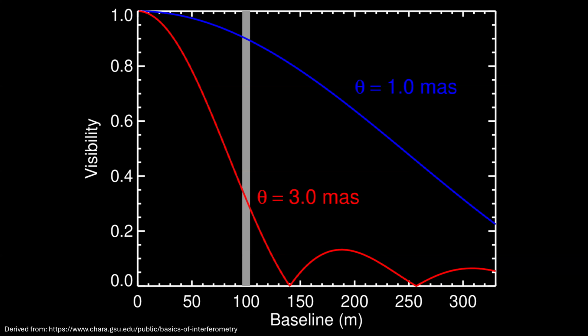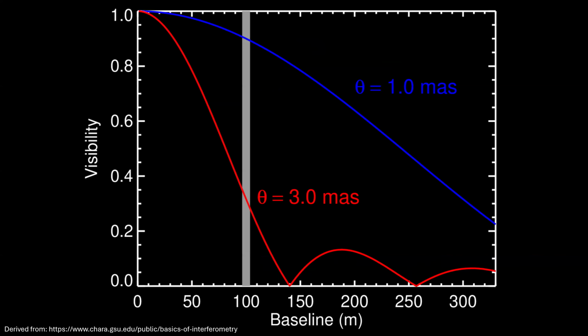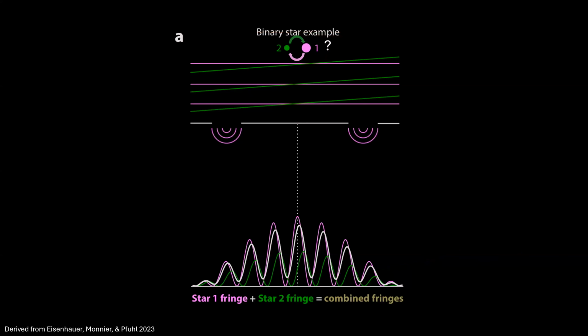If you have an asymmetry in the vertical direction, for example, if you have two points of light and your secondary star ends up on top of your primary star, that is not in the direction of your interferometer's fringes, so you're not going to really see anything.